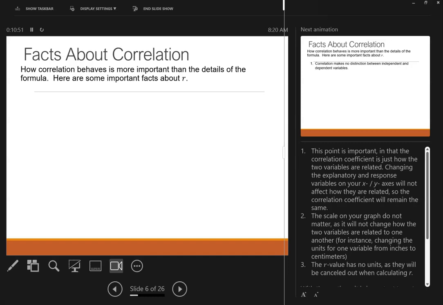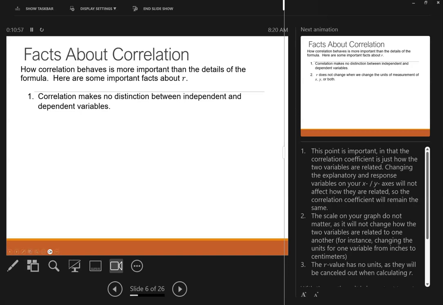Okay. So some more facts about R. If you screwed up which variable was your independent or dependent variable, it's going to have no effect on R. It doesn't change with the unit of measurement.